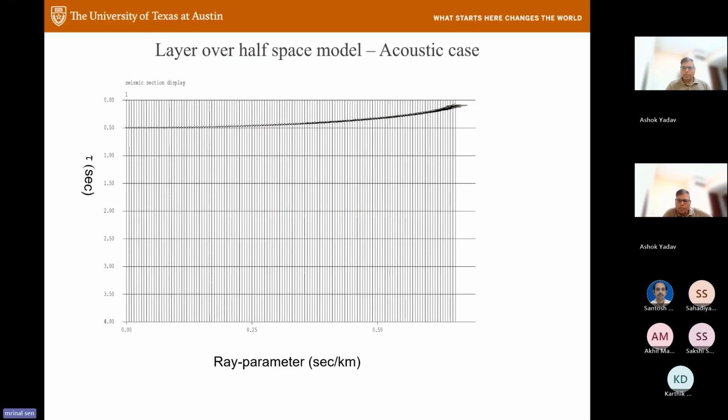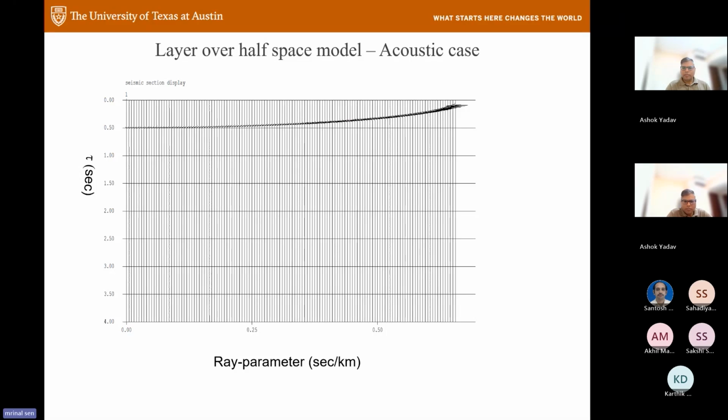So here is my acoustic case in the tau-p domain for a single interface. This is your synthetic seismogram in the tau-p domain. Here I have used a Ricker wavelet, and at each time I have a tau and then the reflection coefficient.